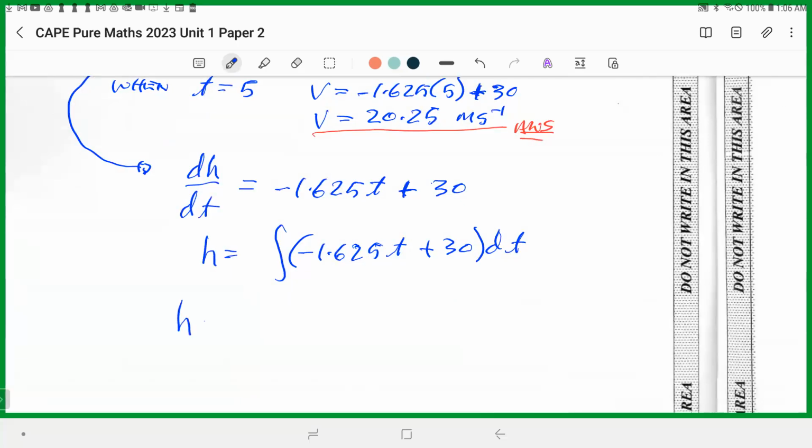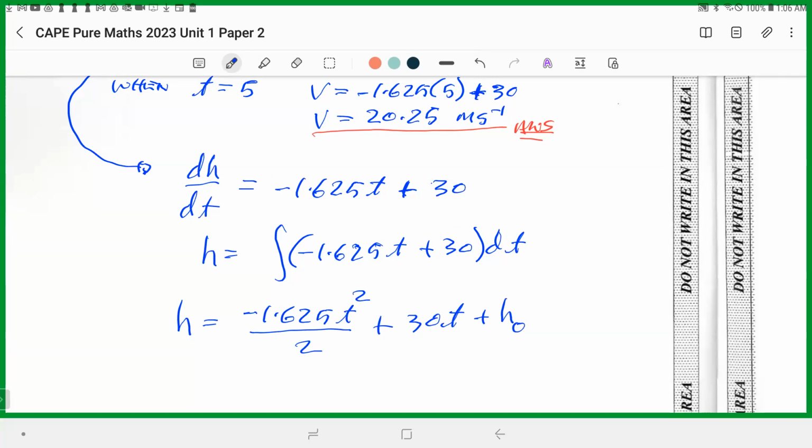So h equals, integrate that, add one to the power and divide by the new power: negative 1.625 t squared over 2 plus 30 t, plus the initial height, let's call it h0.